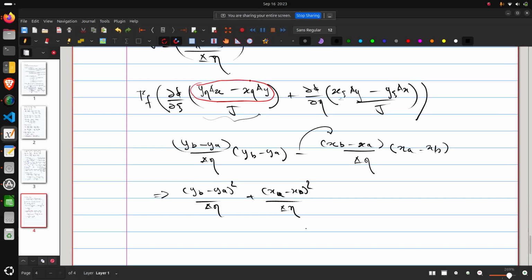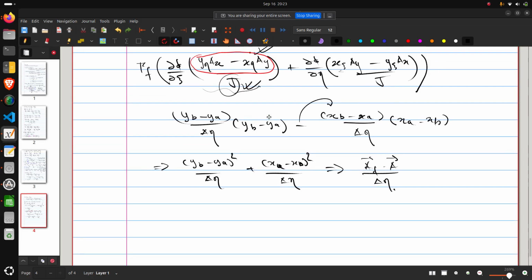Okay, and what does this term look like? This is nothing but the inner product of the area vector, right? So this will turn out to be Af dot Af by delta eta. Okay, so this term we have computed, this term also we have it with us.